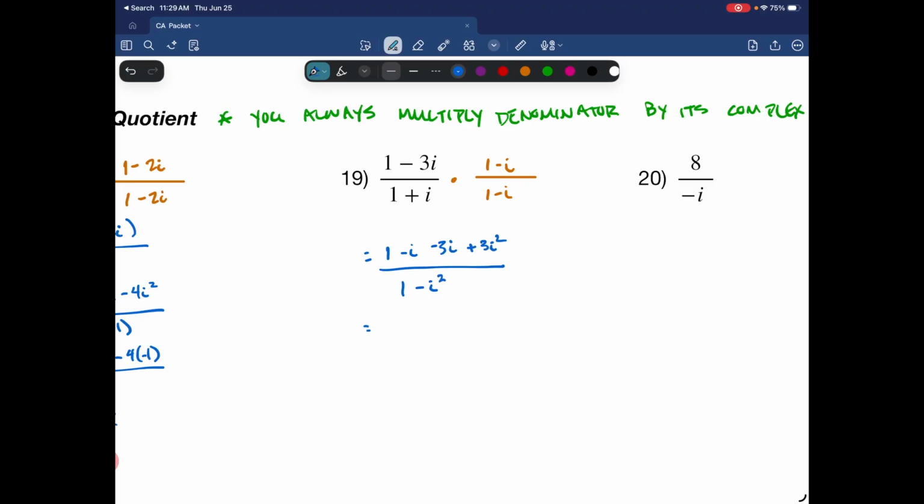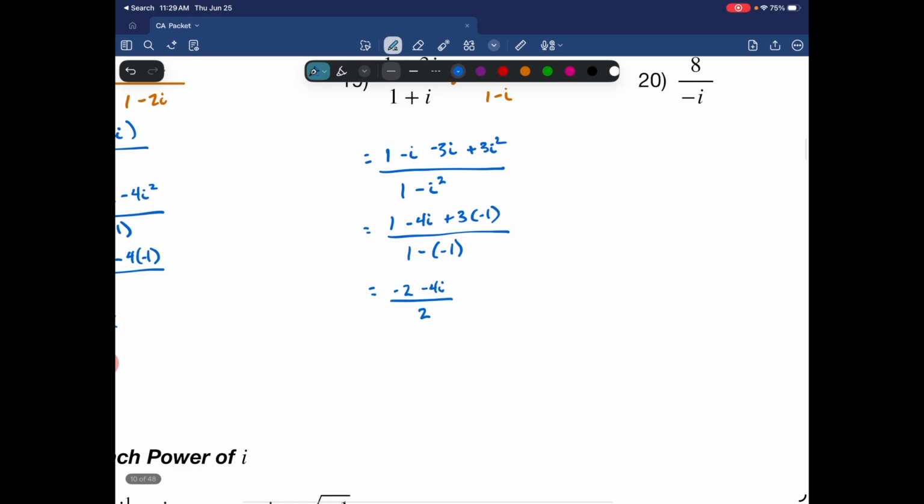Okay, so it's going to be 1 minus 4i plus 3 times negative 1 over 1 minus negative 1. All right, so 1 minus 3 is going to be negative 2 minus 4i over 2. And once again, 2 goes into both of those, so it's going to be negative 1 minus 2i. Negative 1 minus 2i is your answer.